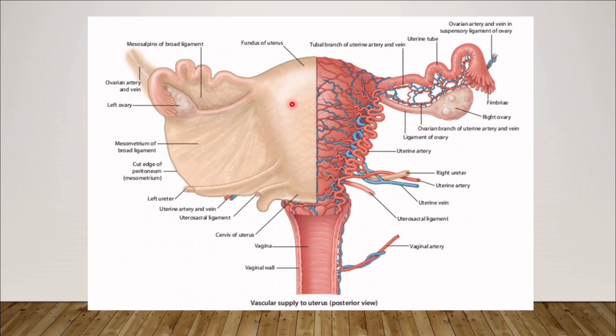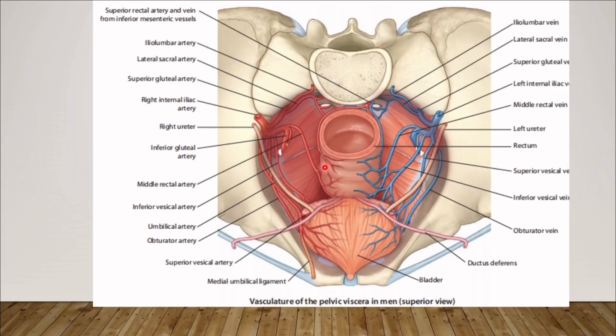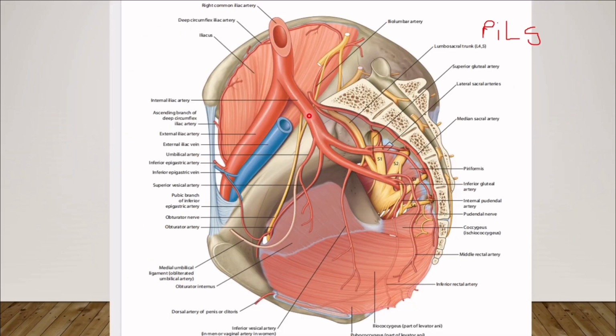So these vessels are enclosed in the broad ligament, and we can see that the vaginal artery and the uterine artery have anastomosis. Right. So that was the internal pudendal artery. There are also other arteries which supply this true pelvis, which are not branches from the internal pudendal artery.